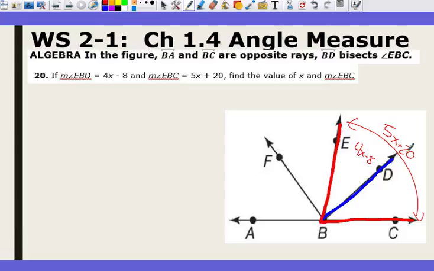So, once again, we have a big slice of pizza, right? And we know this slice plus this slice should add up to be the entire thing, right? So we're going to say slice 1 plus slice 2 adds up to be the big slice. Okay? So, what's the equation for slice 1? 4x minus 8.